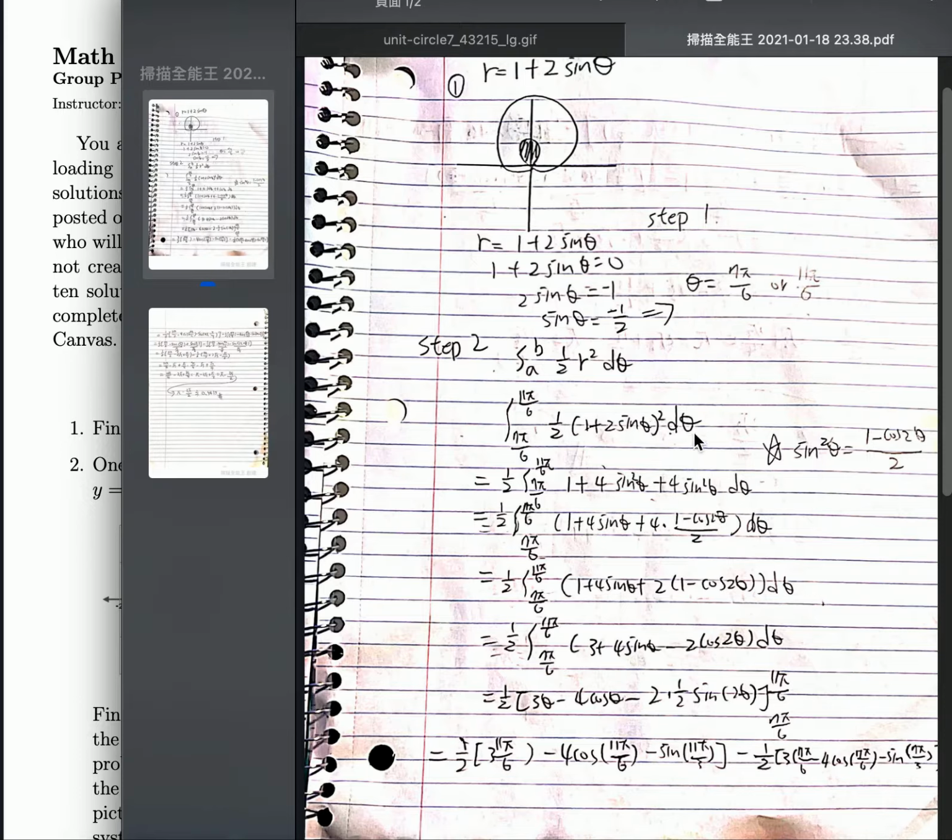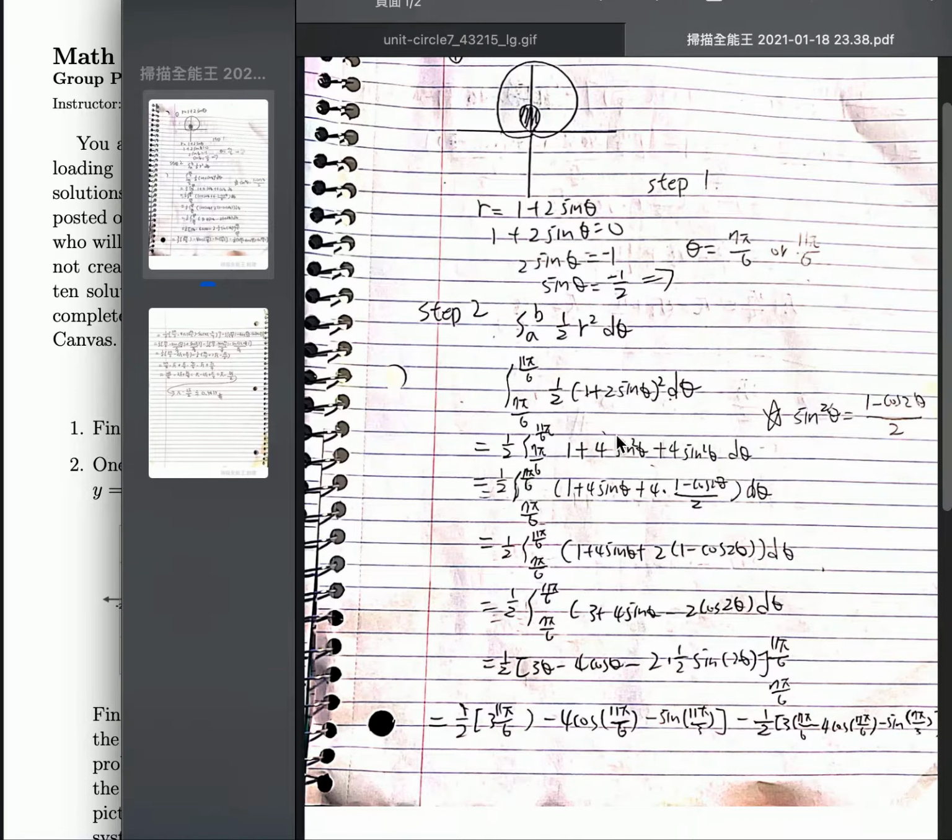This one is from r. So now we got 1/2 (1 plus 4 sine theta plus 4 sine squared theta) d theta.